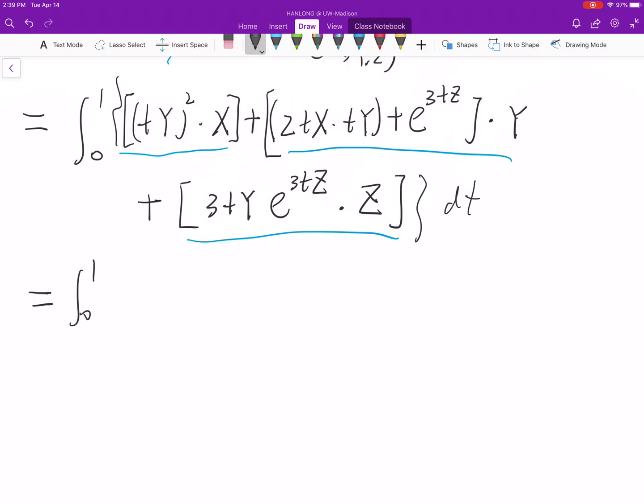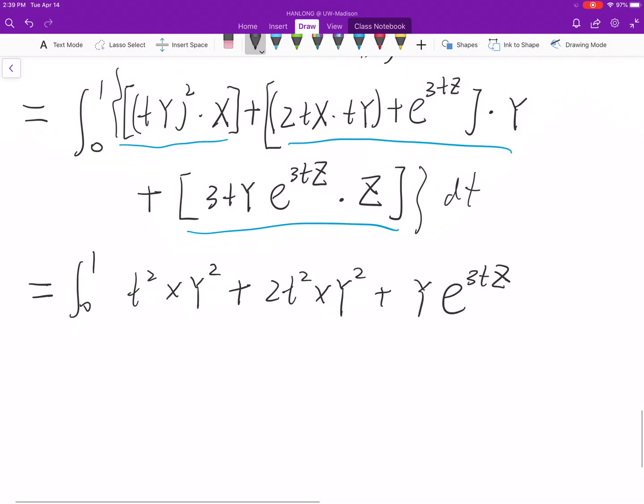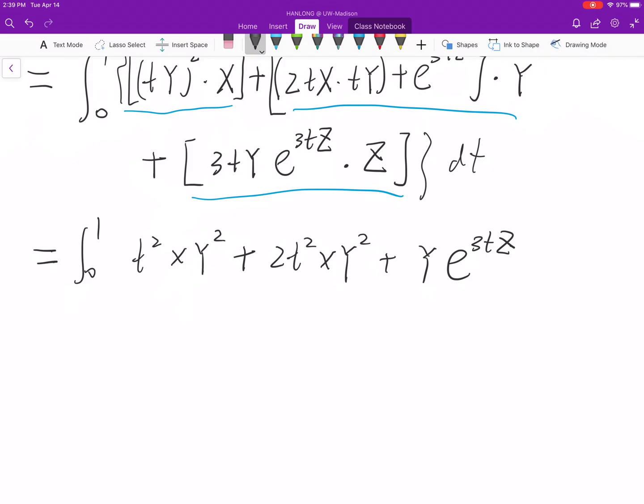The integral from 0 to 1 of t squared XY squared plus 2t squared XY squared plus Y e^(3tZ) plus 3tYZ e^(3tZ) dt.